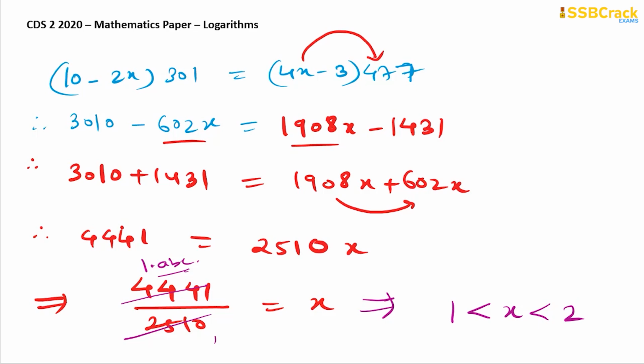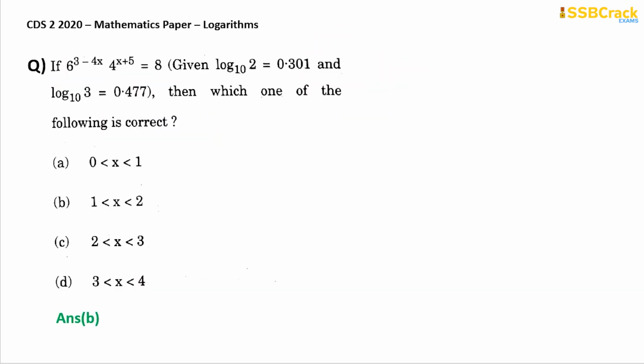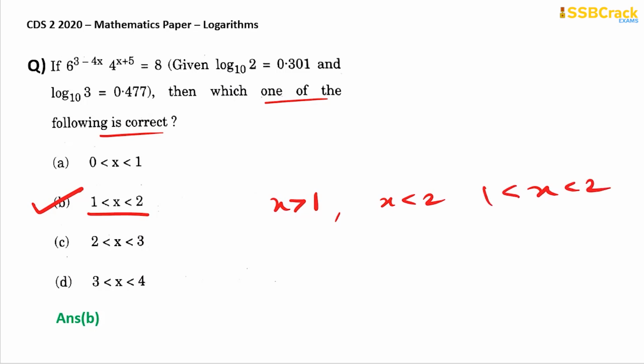And hence we got the key to our question: which one of the following is correct is option B only, that the value of x is above 1 but below 2. So x should lie between 1 and 2. I hope the solution of this particular question, which was based upon logarithms, is clear to you. You have to stay tuned to SSB Crack Exams for more such sessions for the Series 2 2020 Mathematics paper Q&A.